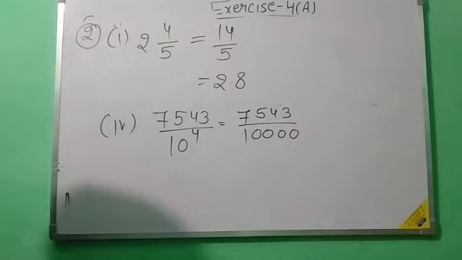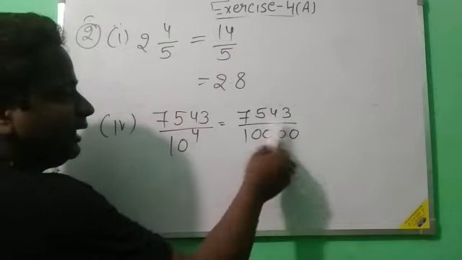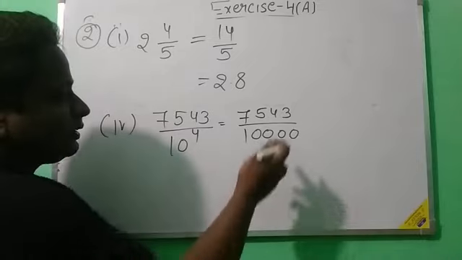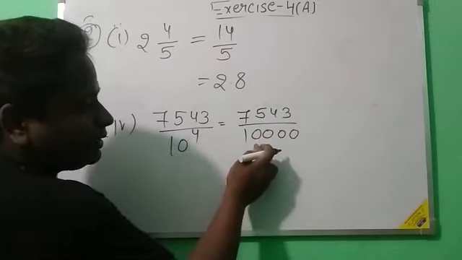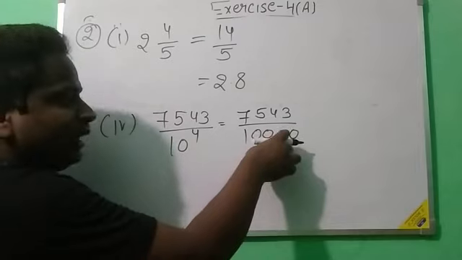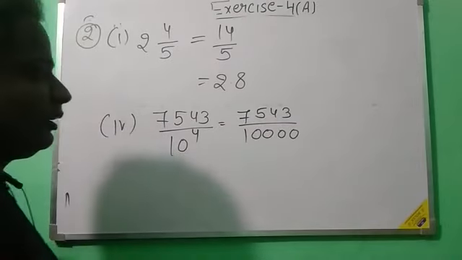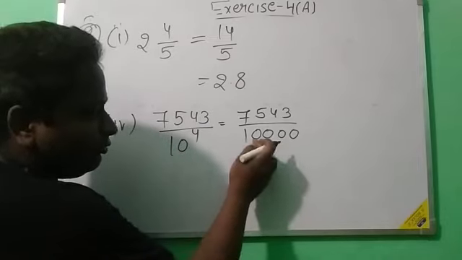If you remember, I have already told you that if you have 10, 100 and 1000 in the denominator, you just count the number of zeros in the denominator and put the decimal in the numerator. Here I have 1, 2, 3, 4 zeros.